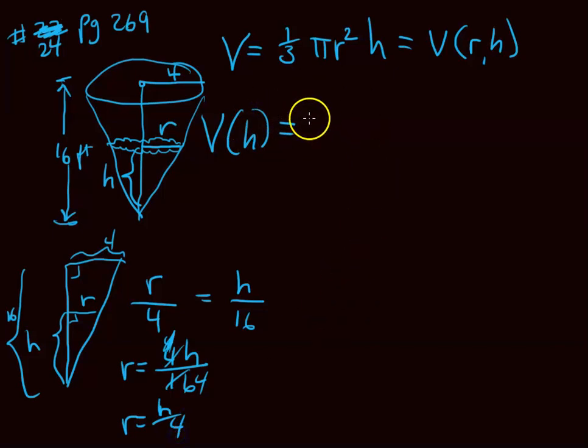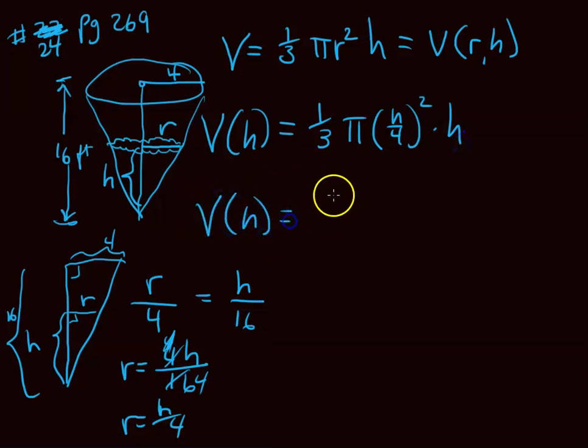And that's what we'll put in here. 1/3 pi, not r, but h over 4 squared times h. Let's simplify this a little bit. So 3 times, this is going to be 16 here, right? 3 times 16 is 48.